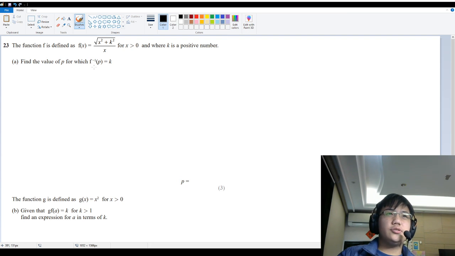So first of all, to find the value of p for which f inverse of p equals k, we need to find the inverse function of f.